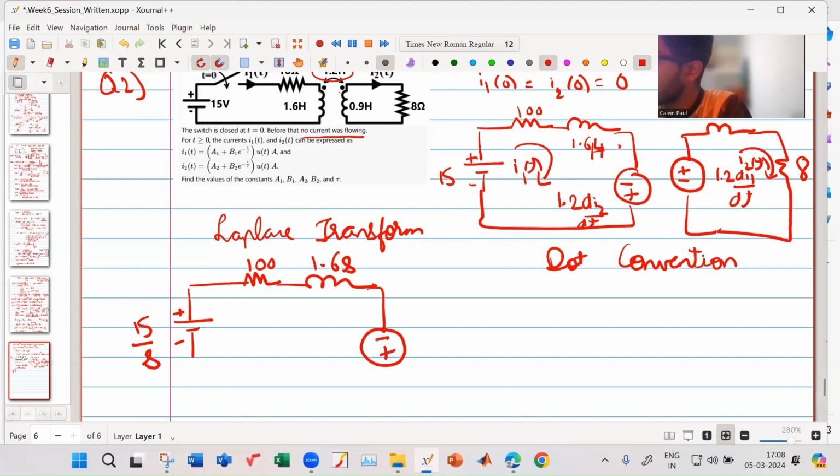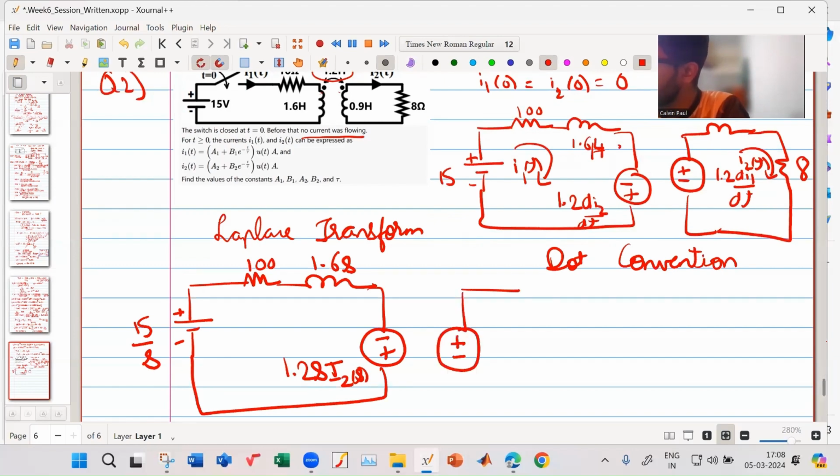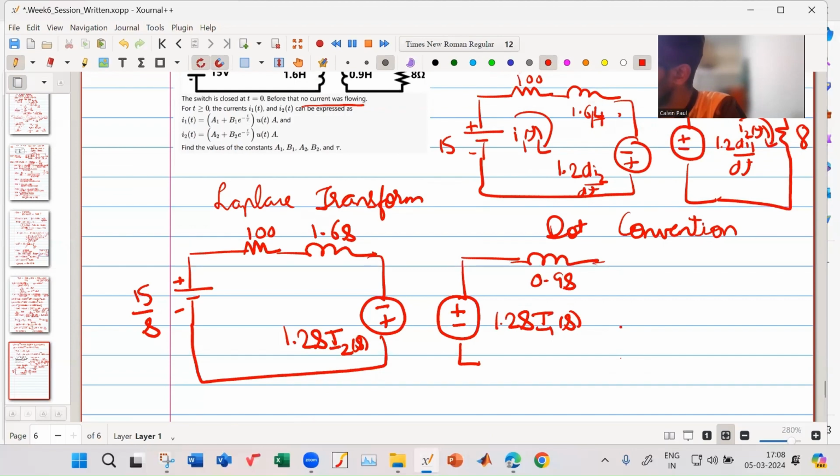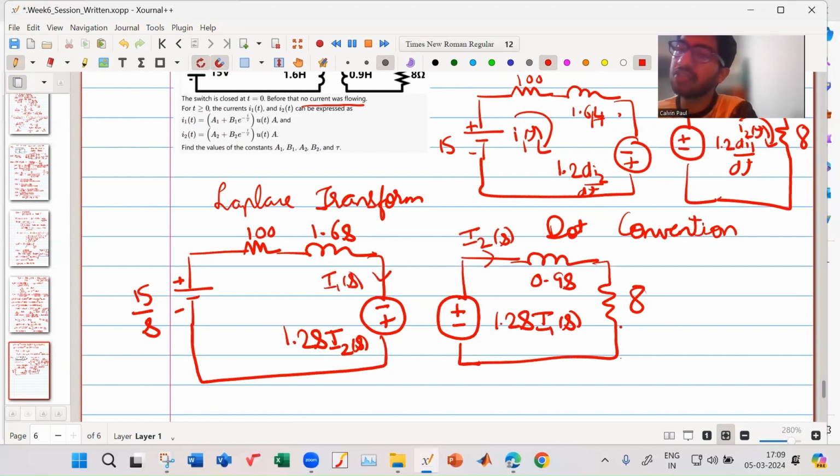This will be represented as 1.2 s into I2 of s. Over here, it will be represented as 1.2 s into I1 of s. This is 0.9 s. This is my I2 of s, this is my I1 of s. So is this transformed circuit clear?